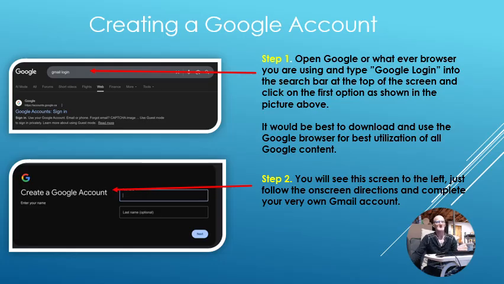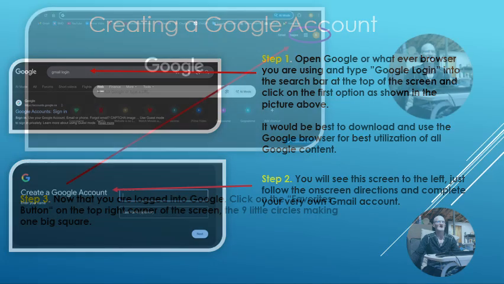If you don't have one, put in your name, last name, follow the on-screen instructions. It will bring you through the creation. Very easy to do. Takes like 2 minutes. You can do it. Put your presentation on pause. Go do it. Get back to the presentation. Let's move on to step 3, where I'm sure 90% of the people are at.